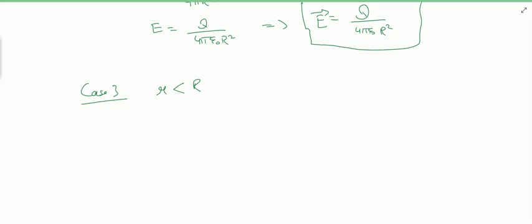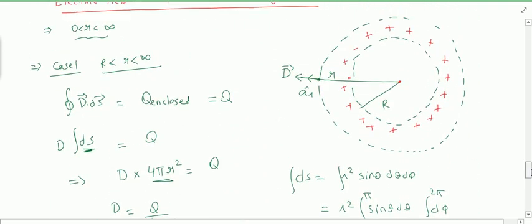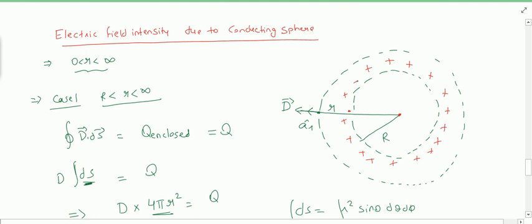So this was my conducting sphere, and now I'm considering the Gaussian surface inside this, which means that my field point is somewhere inside. So if I apply the Gauss law again, D dot ds equals the charge enclosed. Now what is the charge enclosed? I have told that for a conducting sphere all the charge will be on its surface.